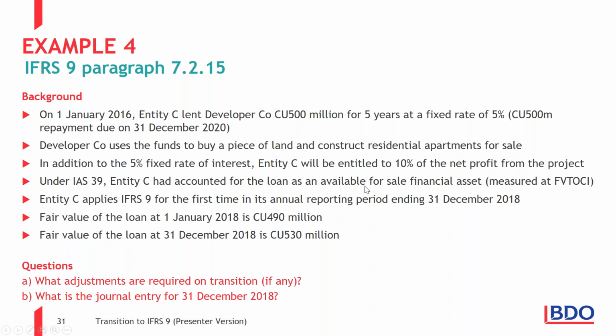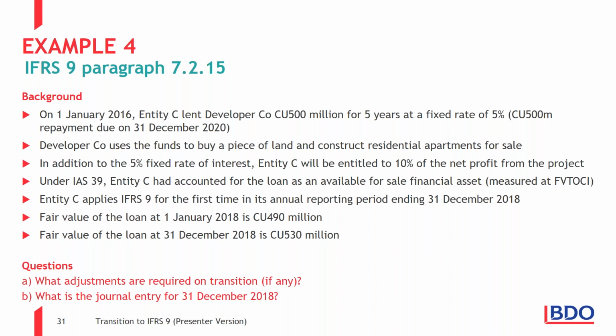On the 1st of January 2016, Entity C lent a developer company 500 million for 5 years at a fixed rate of 5%. And the repayment of that 500 million is due on the 31st of December 2020. Now, the developer company uses the funds to buy a piece of land and construct residential apartments for sale.